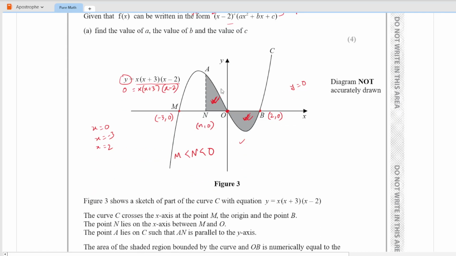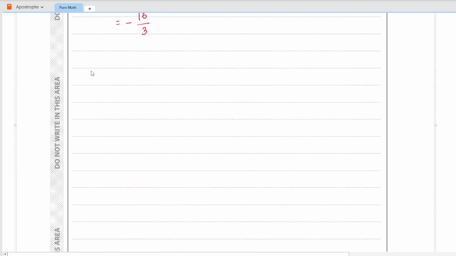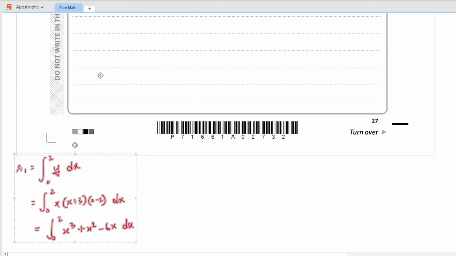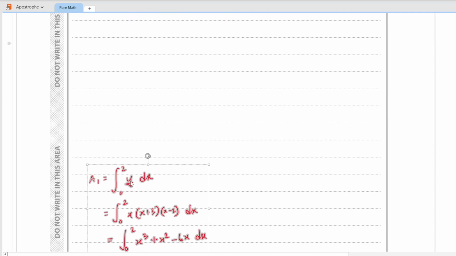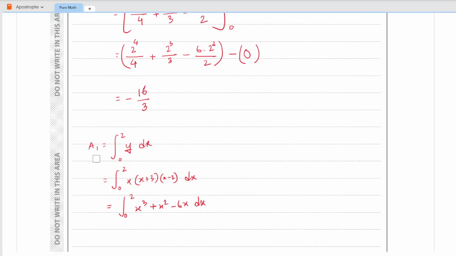So now let's do the same thing for this part. I will simply copy this whole thing. So this is A2.